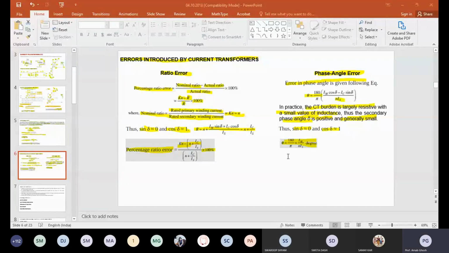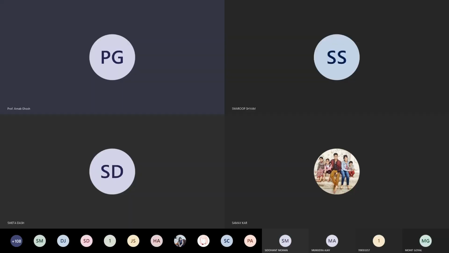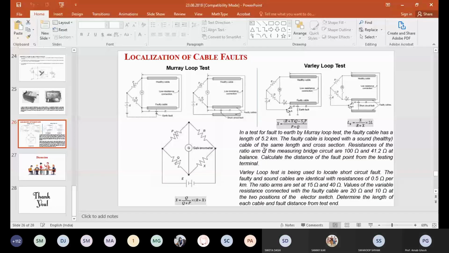Is my slide visible from your side? Yes, sir. Okay. So you are asking for the answer of this one. Okay, I will share it. I didn't solve it till now. After solving this problem, I will share that result.